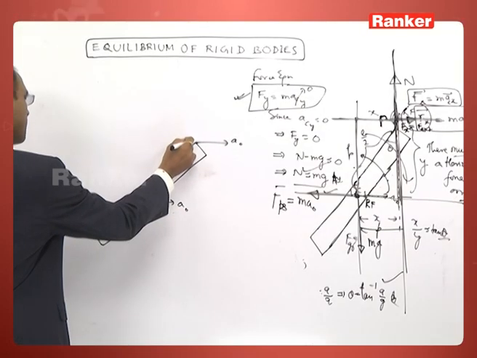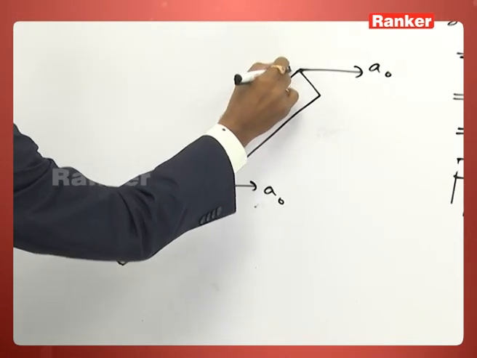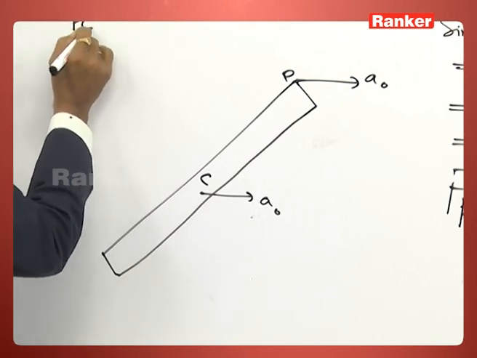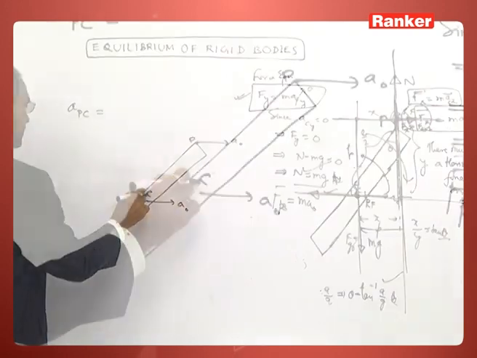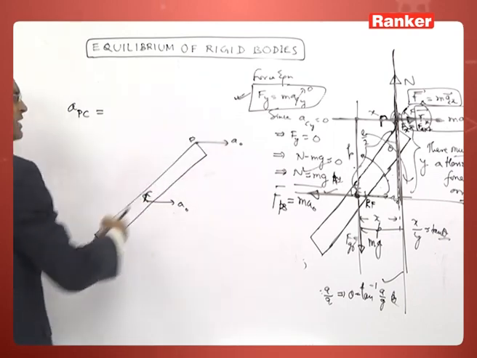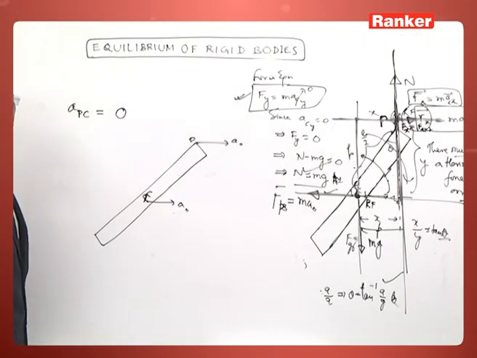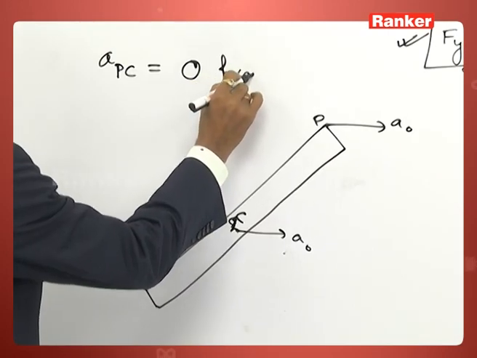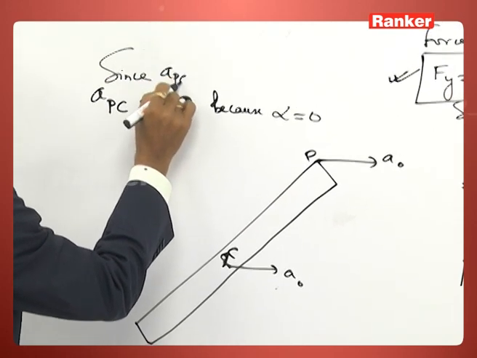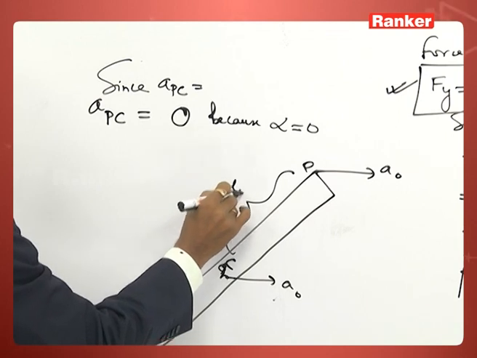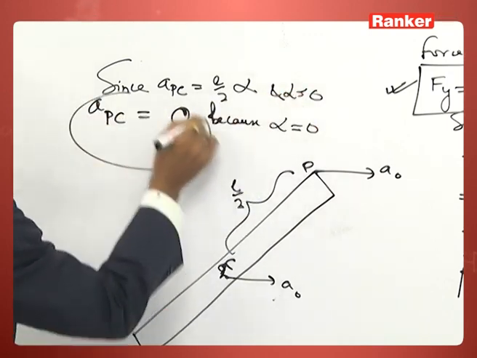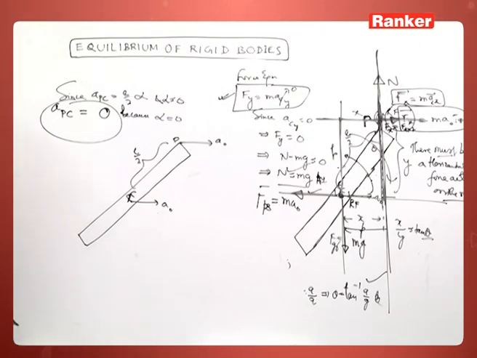So if you take a point here, let's say P, then A_PC is equal to... you stand here, you can see that there is no relative acceleration along this direction, it is equal to 0, because alpha is 0. Since A_PC is equal to L by 2 into alpha, and alpha is equal to 0, A_PC will be equal to 0. In this way also you can prove it.